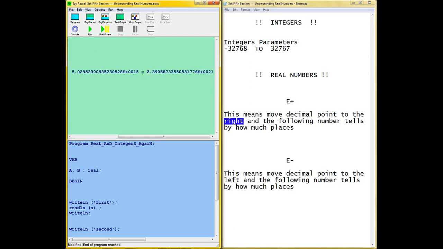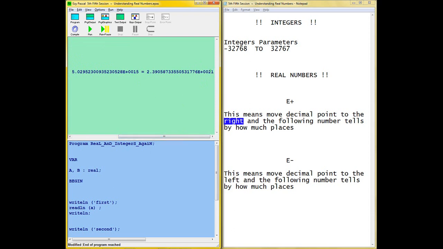So let's count: 1, 2, 3, 4, 5, 6, 7, 8, 9, 10, 11, 12, 13, 14, 15, 16, 17. It only has 17 numbers behind the point, but this says 21. Move it 21 spaces. Now that is what I cannot understand right now.